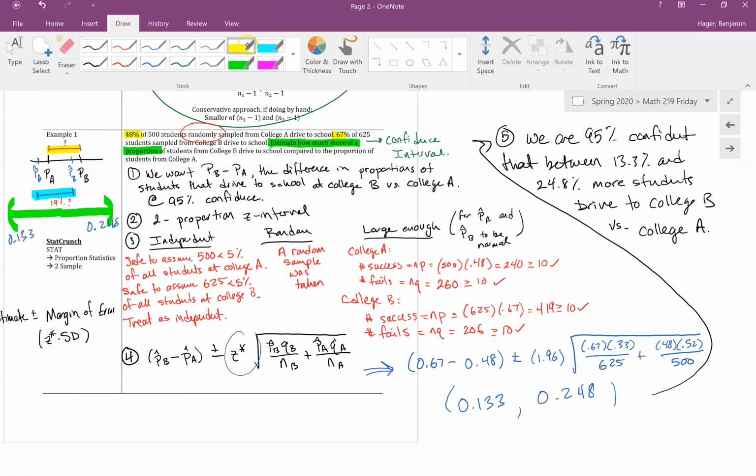How much more? Between 13 and 24.8% more drive to school as compared to students at college A.